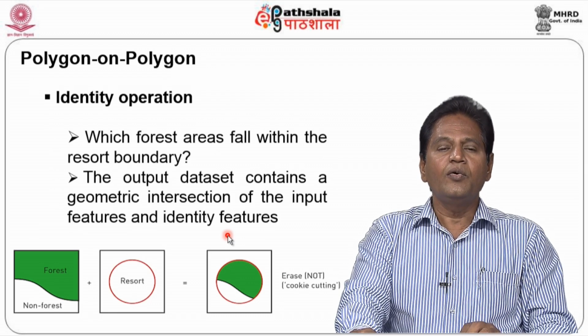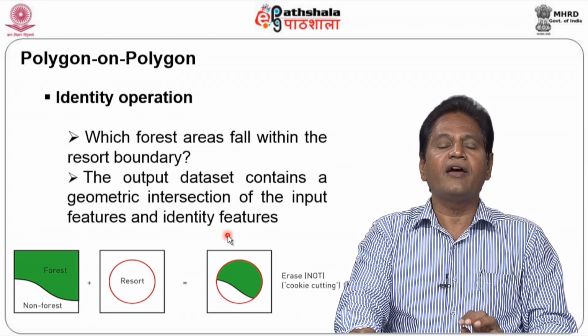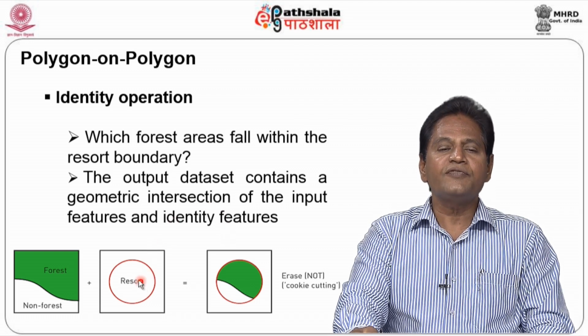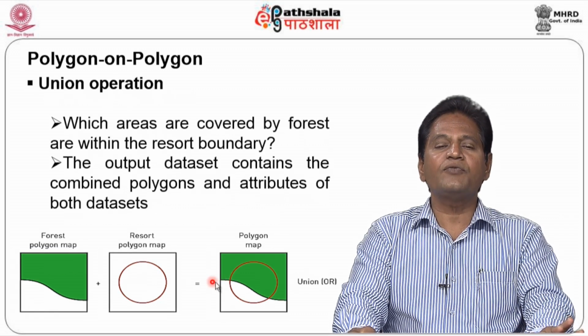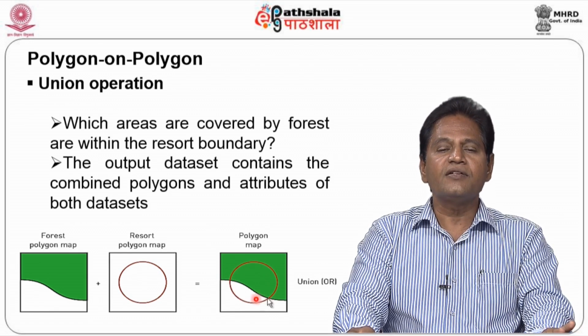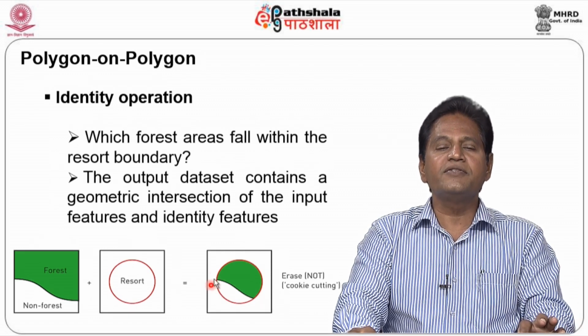So you would like to know the identity operation: an operation which finds which forest areas fall within the resort boundary. Naturally, what will happen, this is the one. In the previous case, it was just overlaying and then finding out which areas are covered by forest area. Now you see here, it is exclusive, something like clipping.